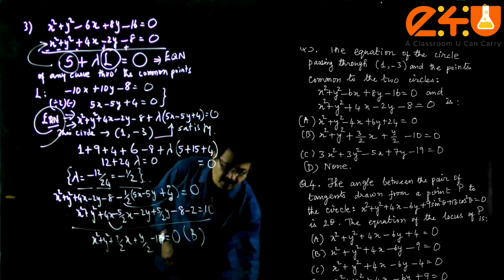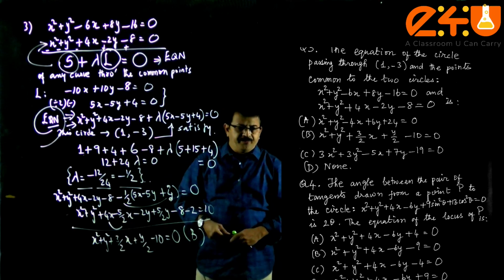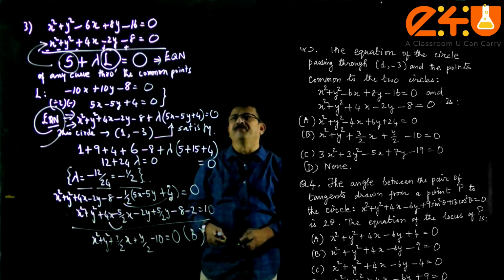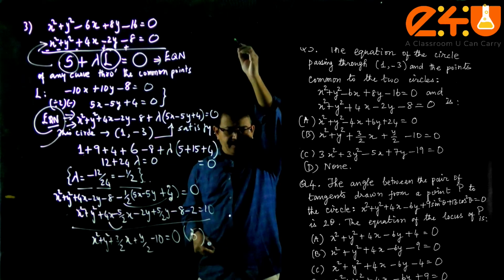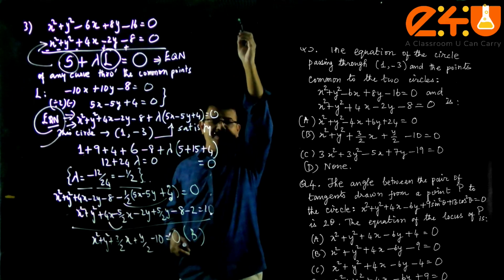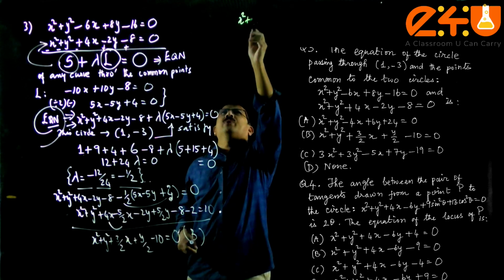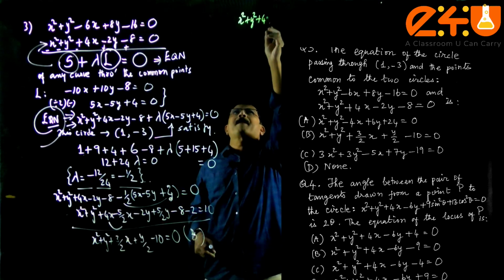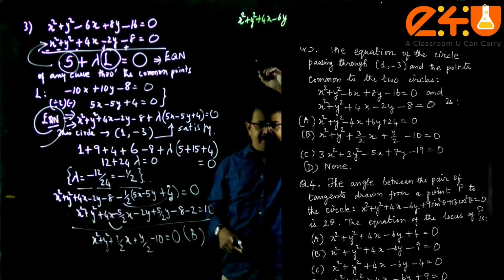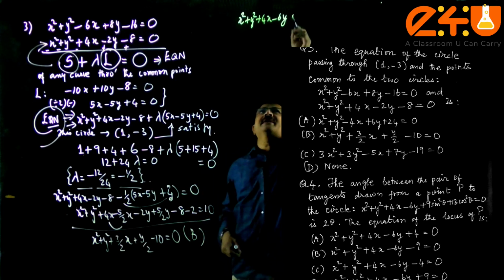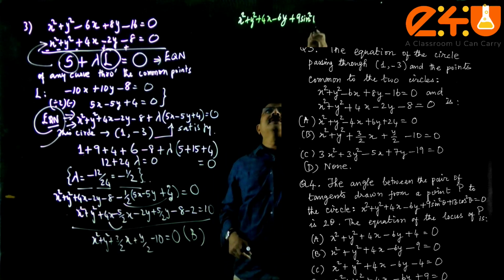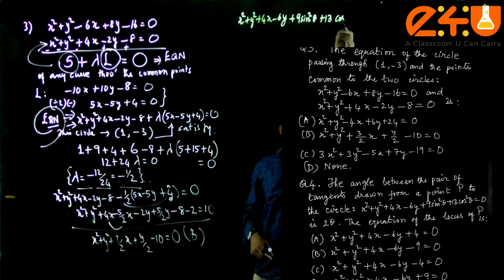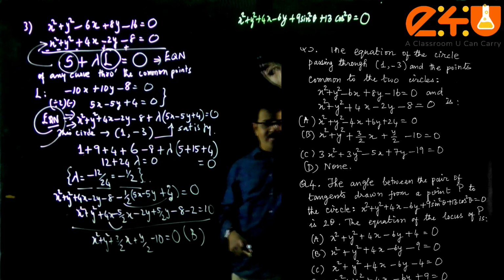Question number 4. In question number 4, the angle between the pair of tangents drawn from a point P to the circle. So there is a circle. The circle is elaborate. There is a longhand equation, x squared plus y squared plus 4x minus 6y, okay, and plus 9 sine squared theta plus 13 cos squared theta is 0.